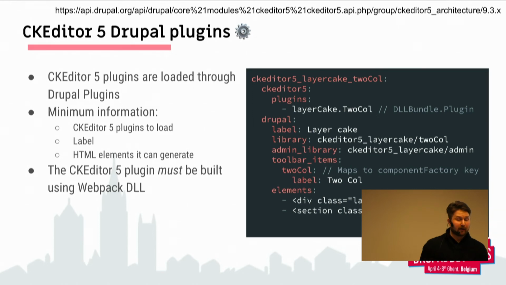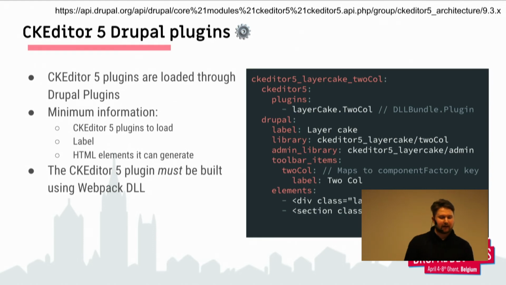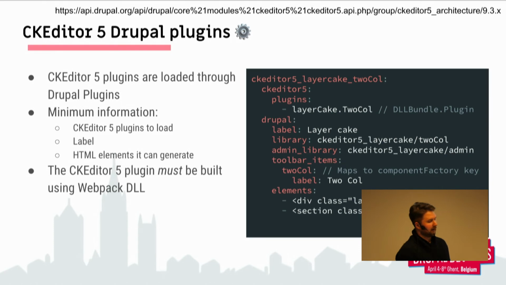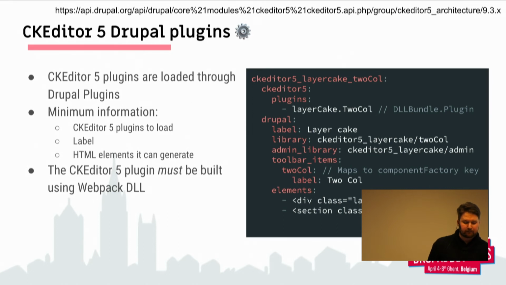That is a requirement for all CKEditor 5 plugins using Drupal. So CKEditor works without Webpack DLL, but the Drupal integration of CKEditor 5 requires Webpack DLL. The second part of that plugin name is simply the name of the plugin, which we defined in CKEditor 5.